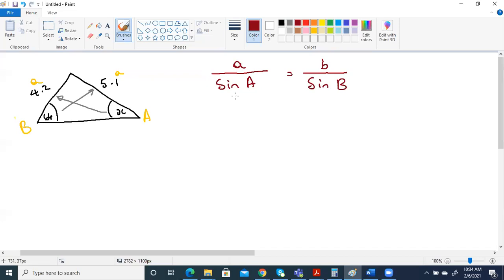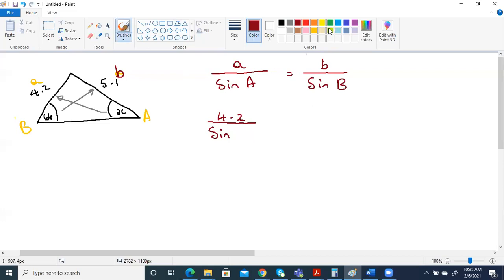So this A is 5.1 here, over sine of... Excuse me, did I write something wrong? The top, where you have a over sine A equal to b over sine B, that is the rule that we should always follow, so that we won't get confused about how to insert the figures.